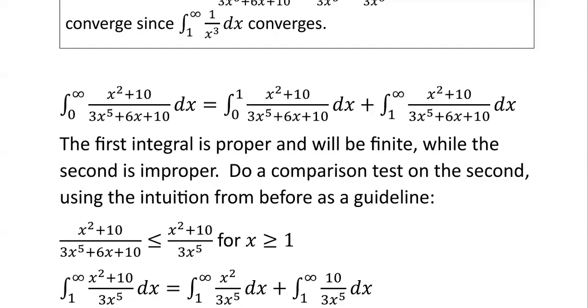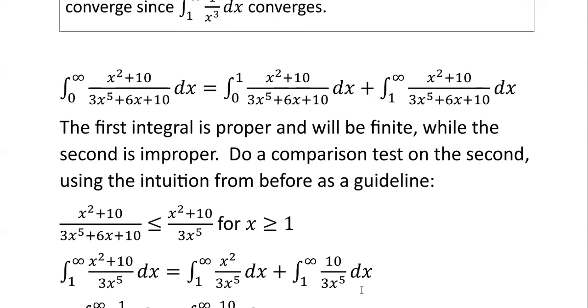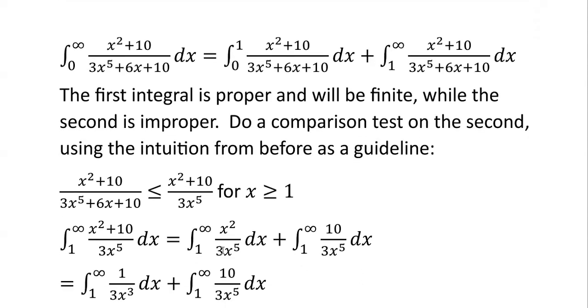Now, this improper integral from 1 to infinity of x squared plus 10 over 3x to the fifth dx, I can just use some algebra to split the fraction up into these two over here. And then the next step I just simplified. So the first integral became 1 over 3x cubed dx. The second integral became 10 over 3x to the fifth dx.